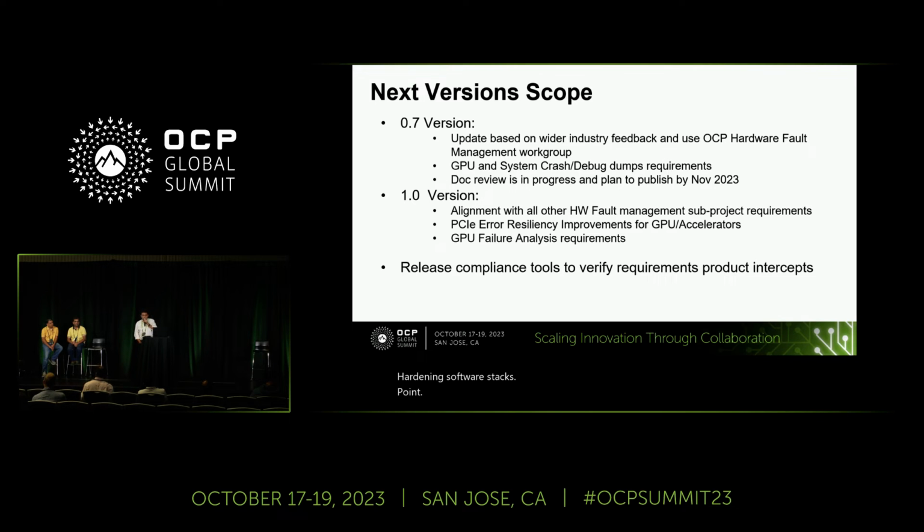And then serviceability, as Rama mentioned, is a big one, right? And that requires failure analysis to be as accurate as it can be. So that's going to be a focus for the 1.0 version. And the compliance tool, like I said, we will add all of the RAS specification tests in there as well, and release it at the same time.